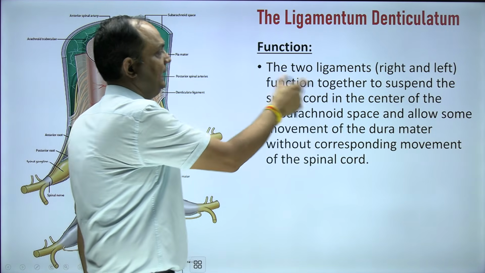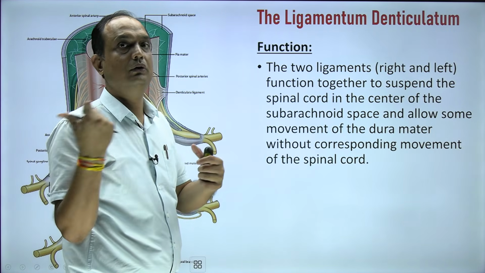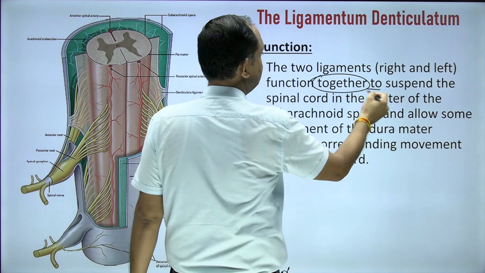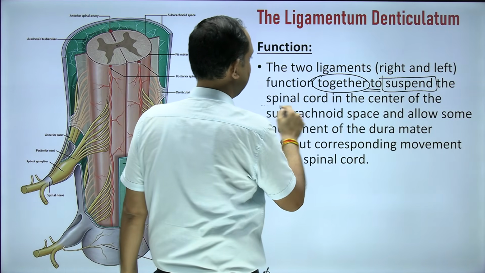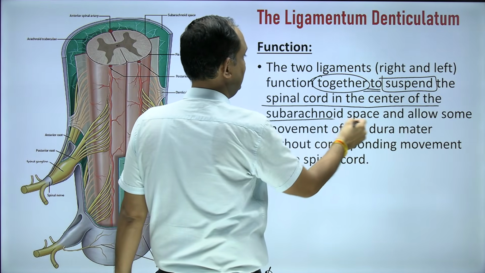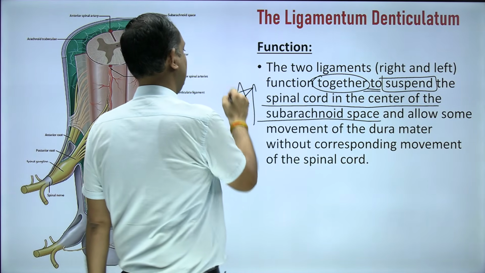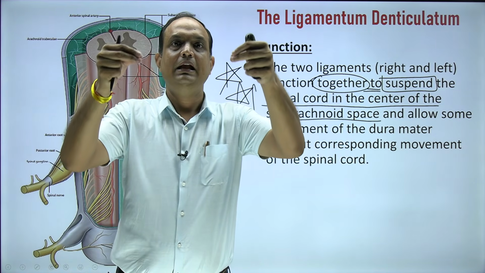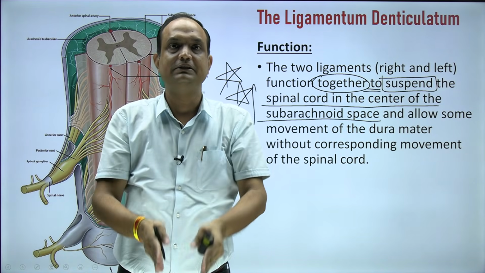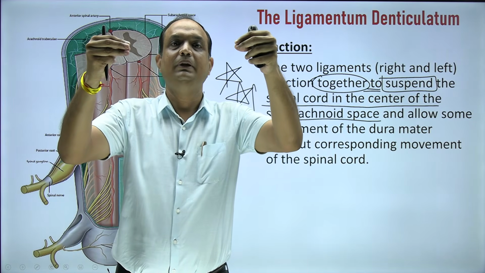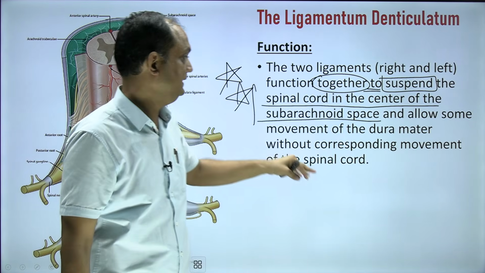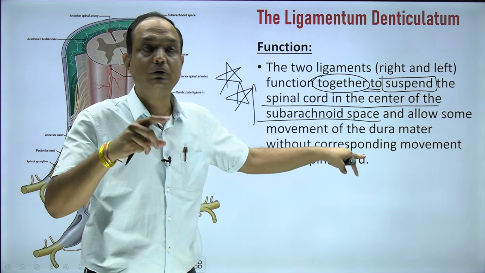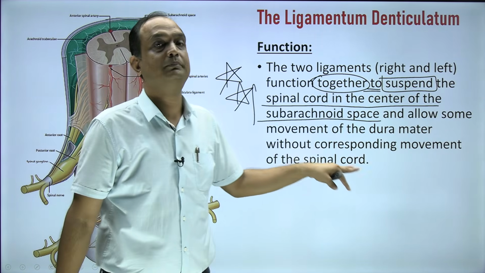When you have the pair of ligamentum denticulatum, because I told you they are present on the right and left side, they function together to suspend the spinal cord in the center of the subarachnoid space. This is the important function: the ligamentum denticulatum helps provide support to the spinal cord to remain in the center of the subarachnoid space, and they allow some movement of the dura mater without corresponding movement of the spinal cord.